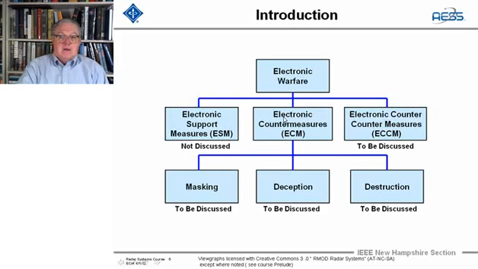We break electronic countermeasures up into three areas: masking, which denies you from seeing the target; deception, which fools you, so the target might be somewhere else rather than where the radar echo tells you it is; or destruction, where you physically destroy the radar. We'll talk about that. So these two areas will be discussed, and this one will be broken down. So there are going to be 4 areas we're going to discuss one at a time.